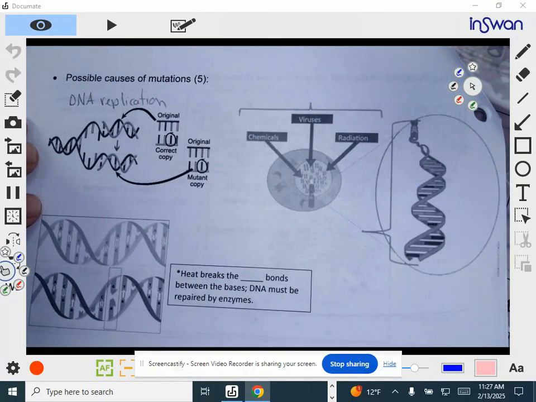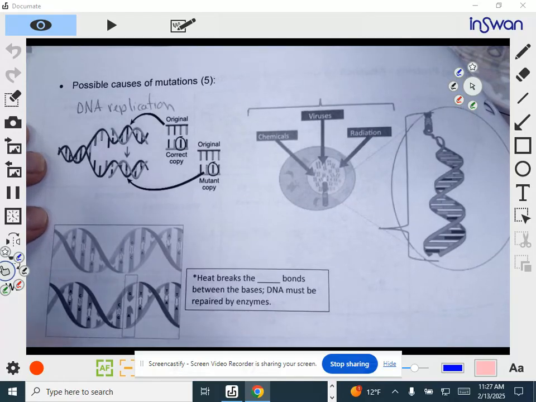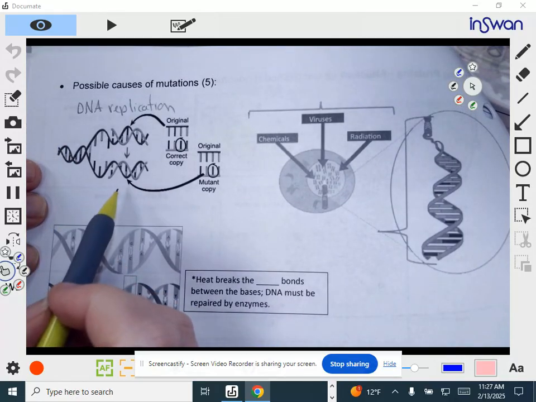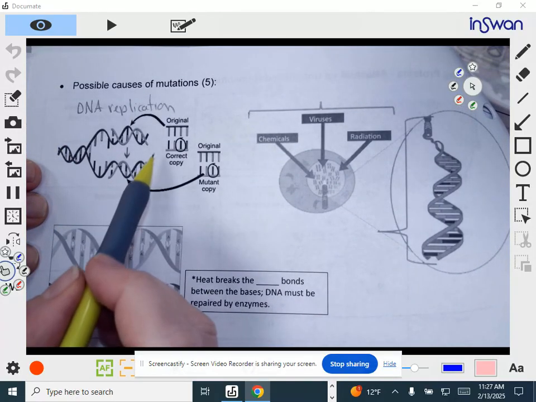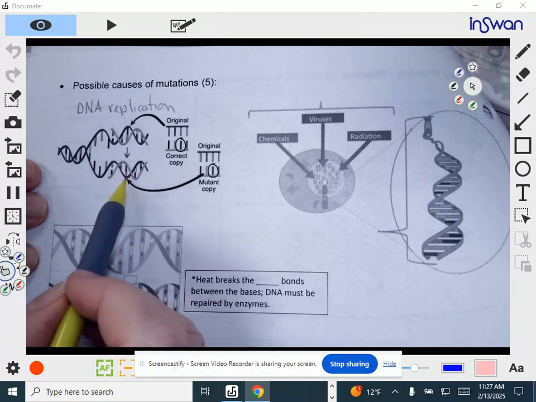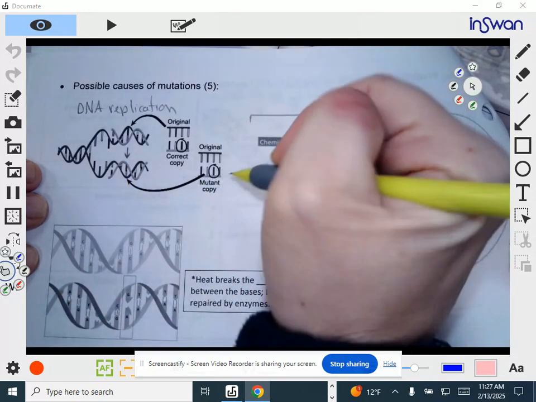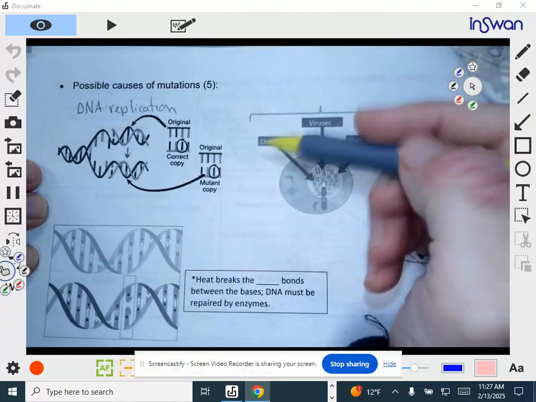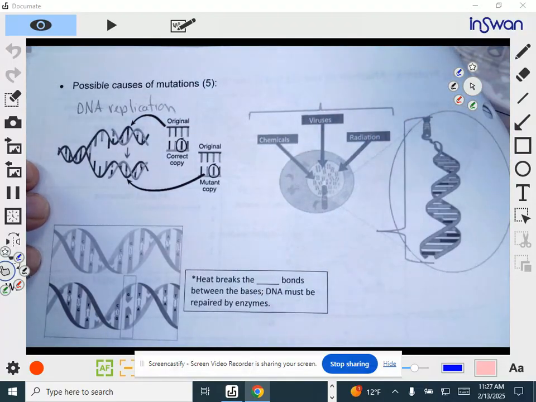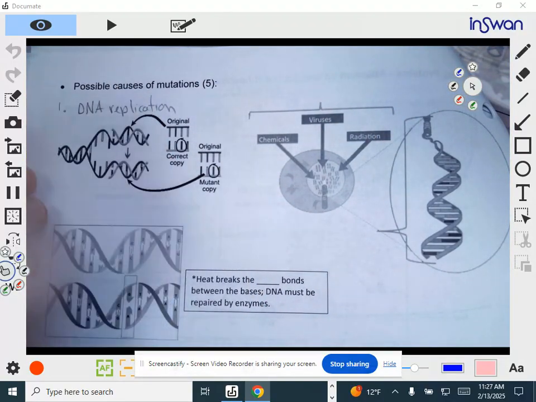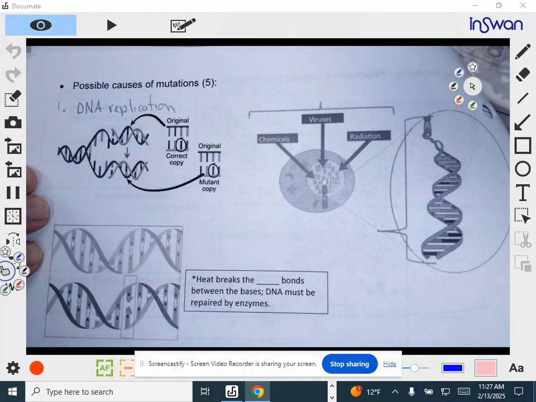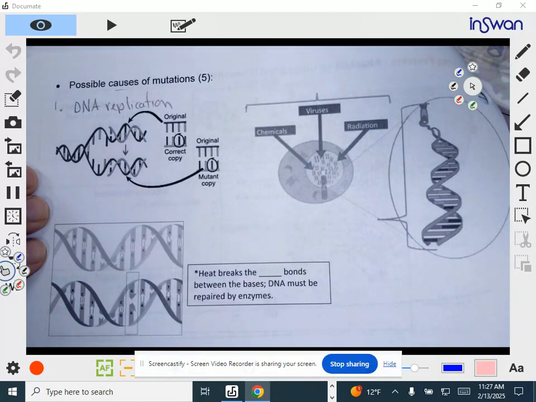You can tell because we're making two molecules of DNA from one. And it's showing you that as the DNA is built, right here, something has been put in wrong. A base has been put on wrong. So we have a mutation in our DNA. So replication errors or mistakes in replication can be one possible cause of mutations in cells.